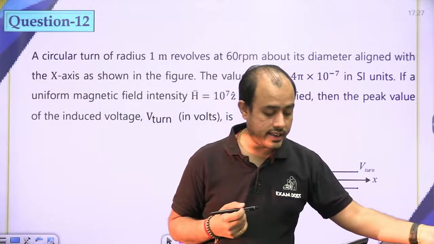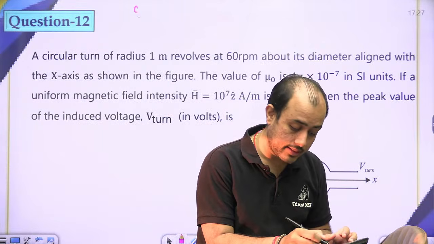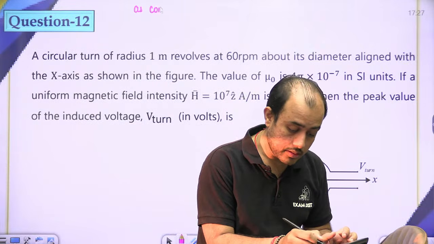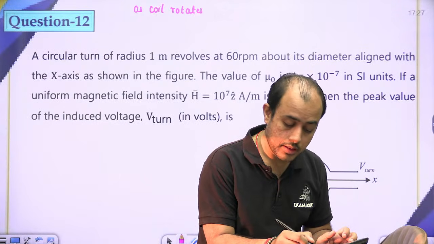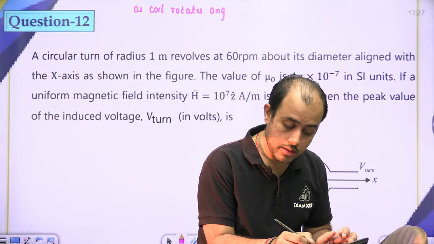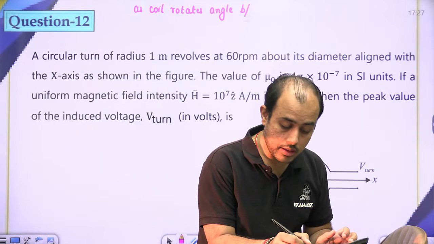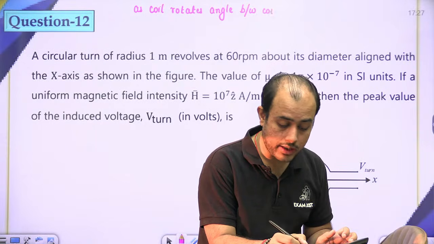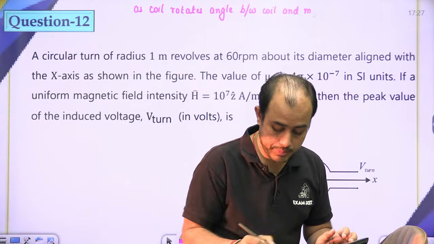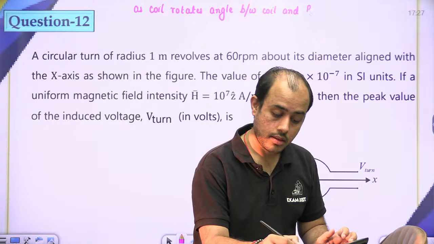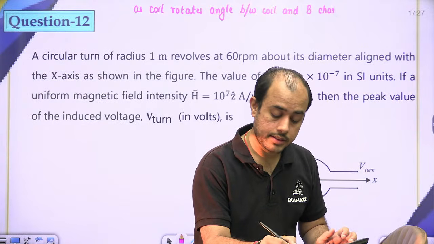So basically what happens is, as coil rotates, angle between coil and B changes.